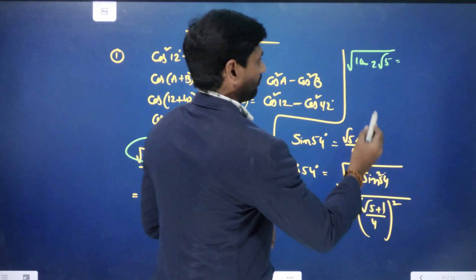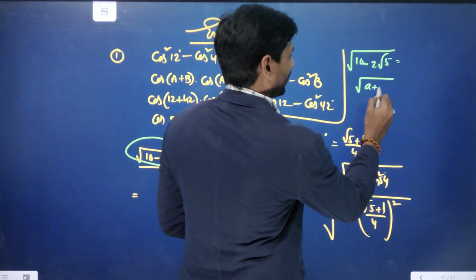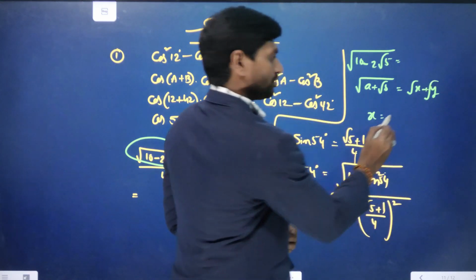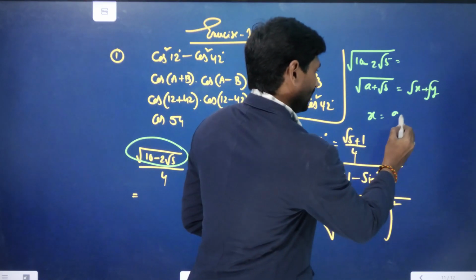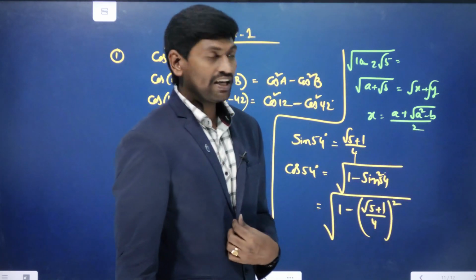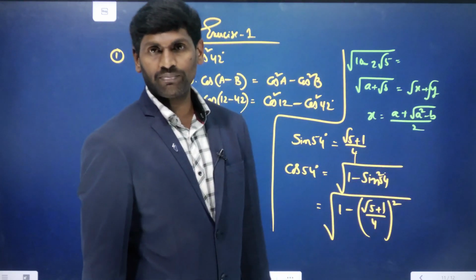What is the formula? If any number is in the form of root a plus root b, that is equal to root x plus root y, then x value is a plus root over a square minus b by 2, and y value is a minus root over a square minus b by 2.